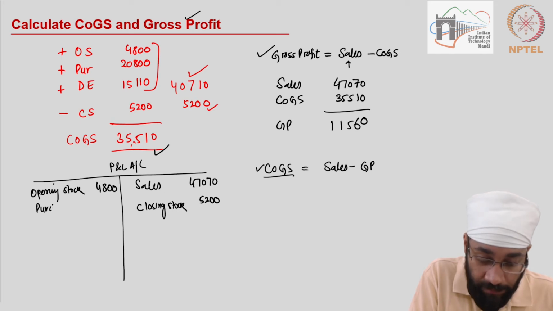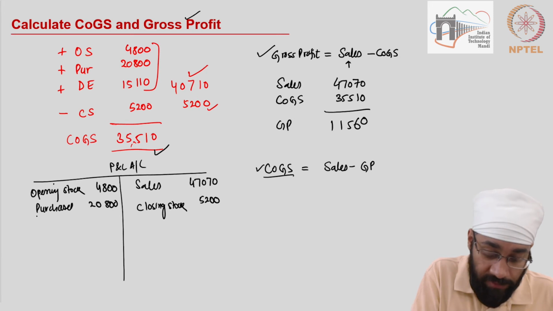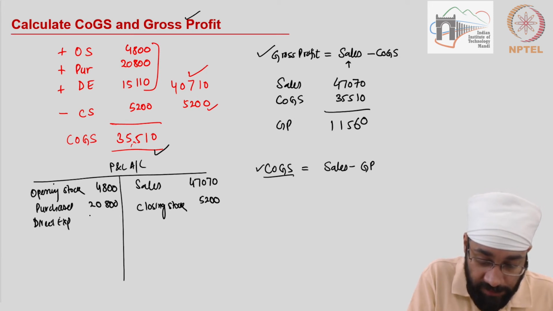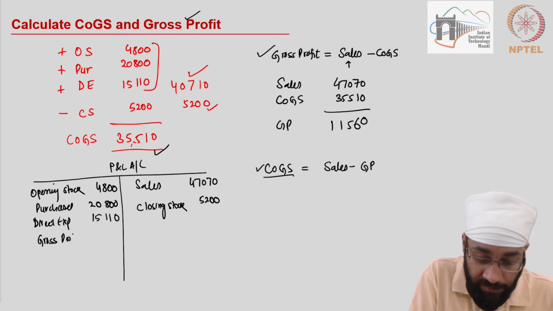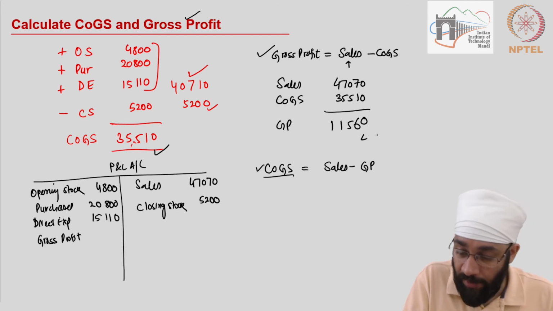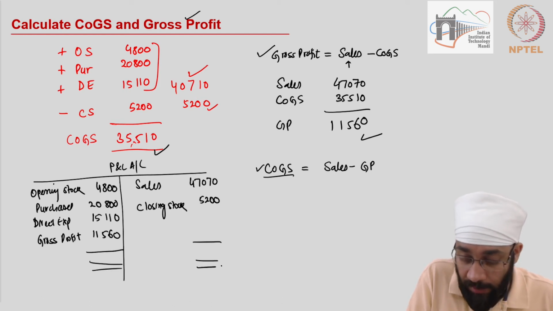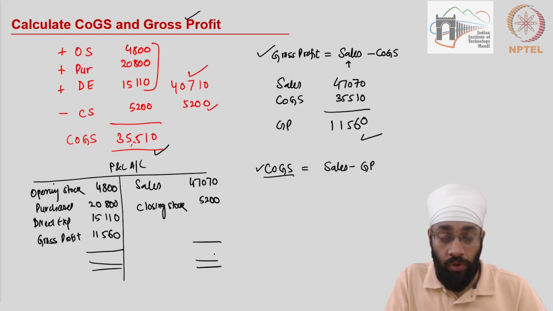You have purchases, which are 20,800, and direct expenses. Direct expenses are 15,110. And finally, you now have calculated gross profit as well. Gross profit is 11,560. So this is how the trading account looks.